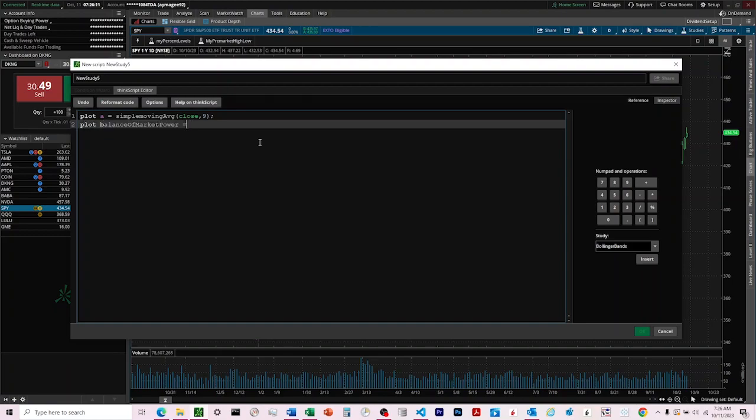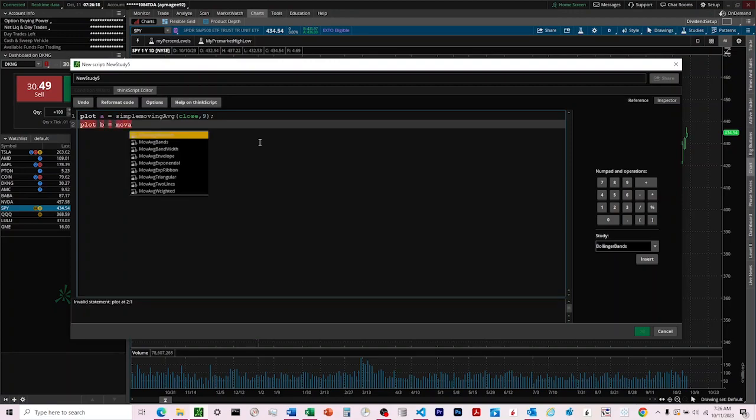The exponential is going to be under a different syntax. It's MOVAVG, then exponential. Same thing here, close 9.